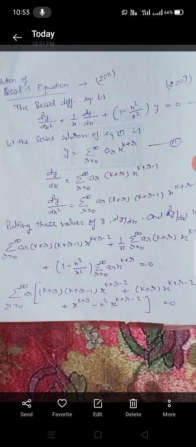Now summation r = 0 to infinity a_r [(k+r)(k+r−1) x^(k+r−2) + (k+r) x^(k+r−2) + x^(k+r) − n² x^(k+r−2)].